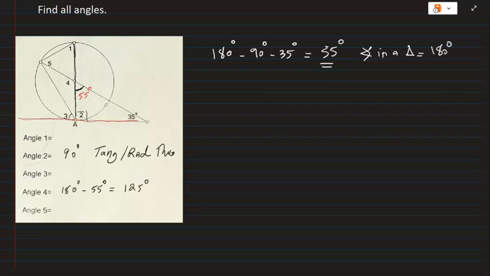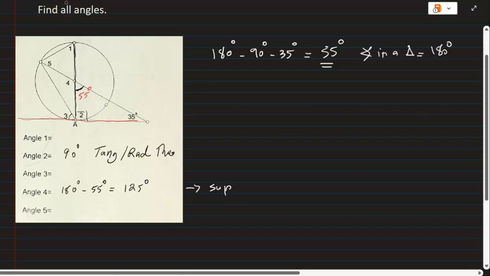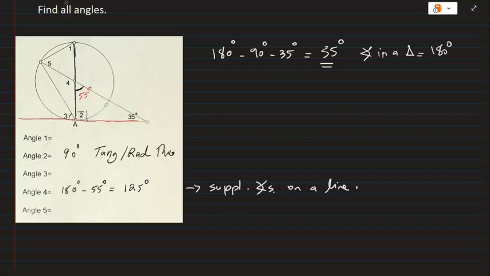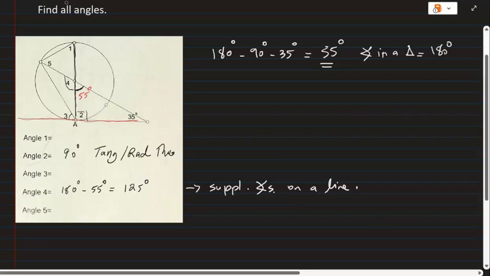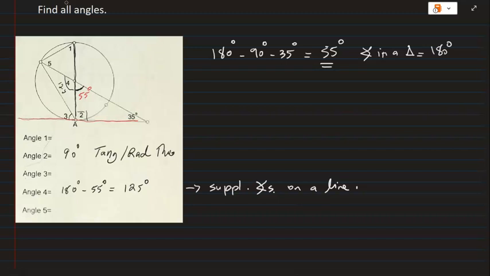That's angle 4, and the reason is angles are supplementary on a line. Excellent. So we got this angle right here now, 125. Very good.